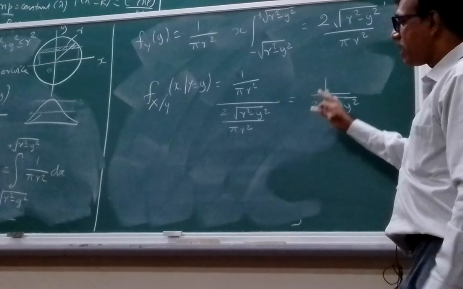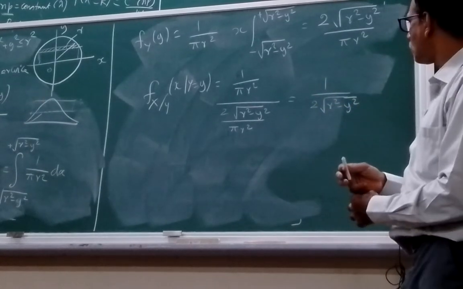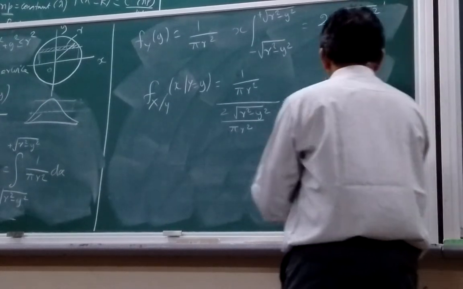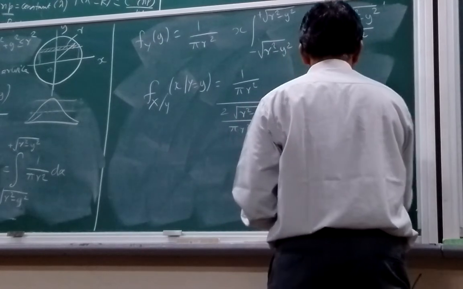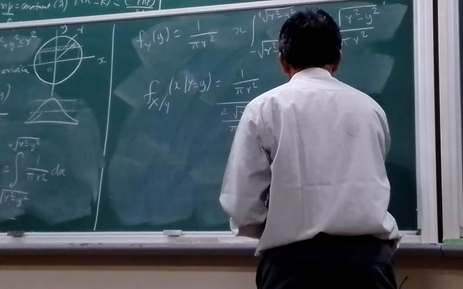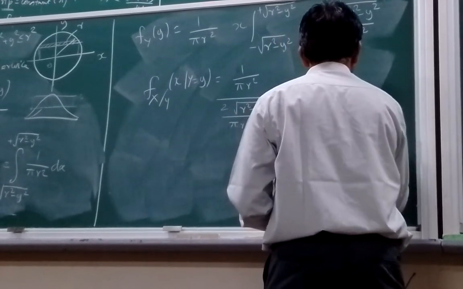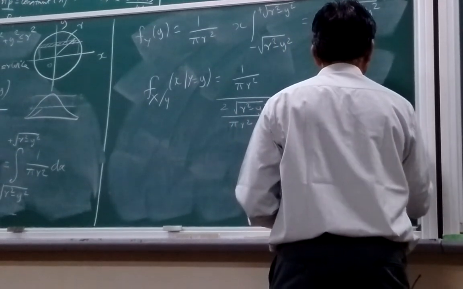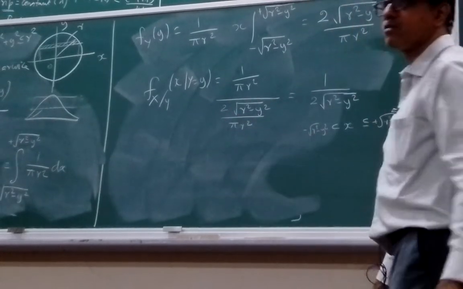This is again not complete, we have to define the domain also. That is, x should be, you can put mod x, or minus root of r squared minus y squared less than x less than plus root of r squared minus y squared. Only over this range.